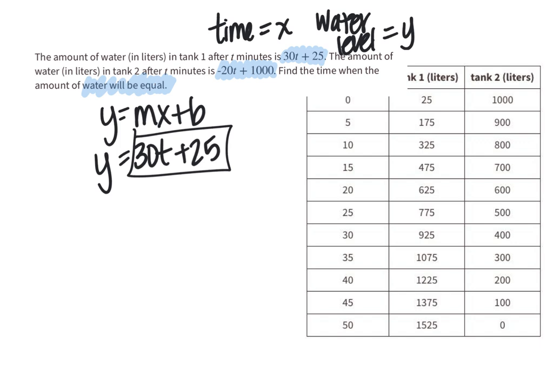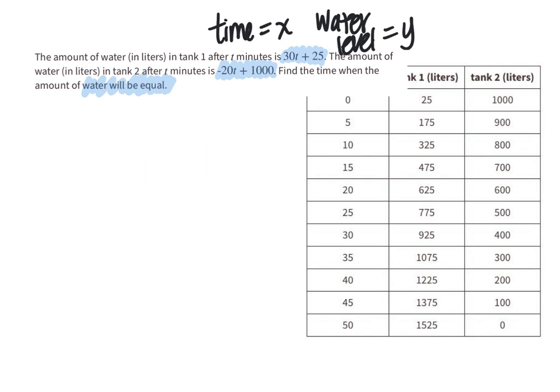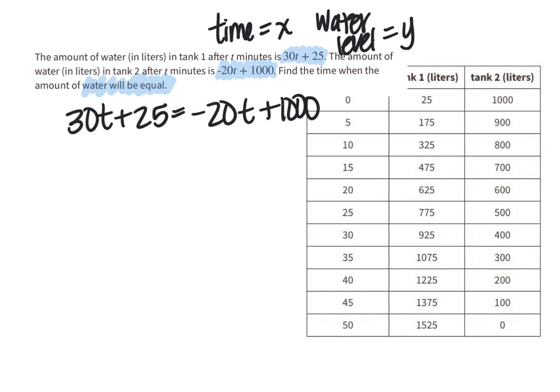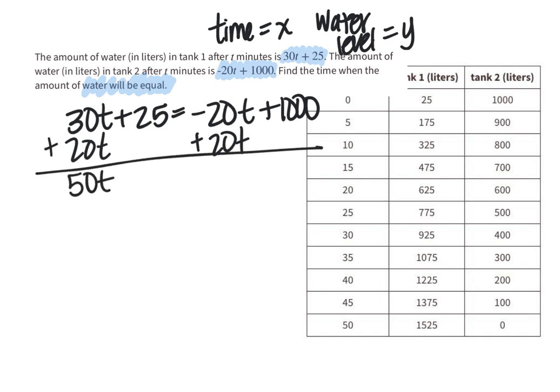Let me clear my board real quick, and then we're going to start that. So I got 30T plus 25 is equal to negative 20T plus 1,000. I'm just going to solve for T. I'm going to add 20T to both sides, and I'll get 50 T's on the left plus 25, 0 T's on the right, and 1,000.